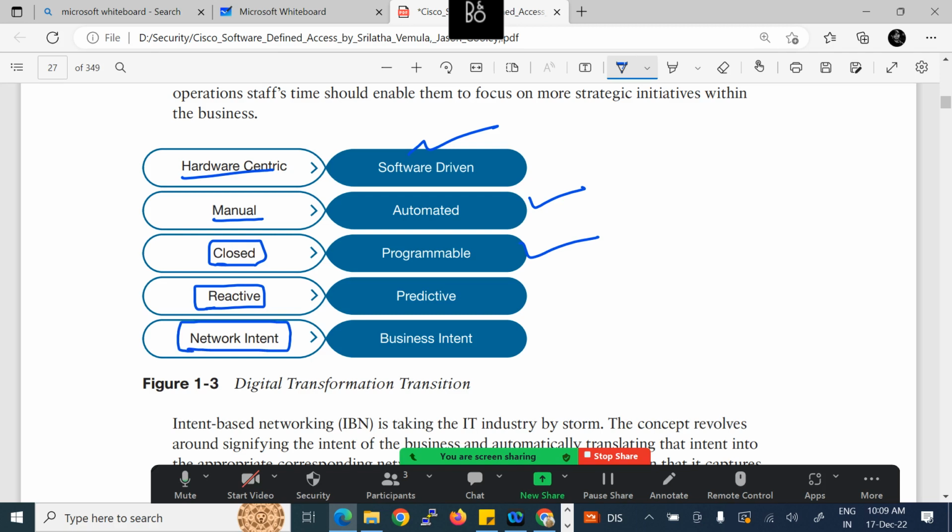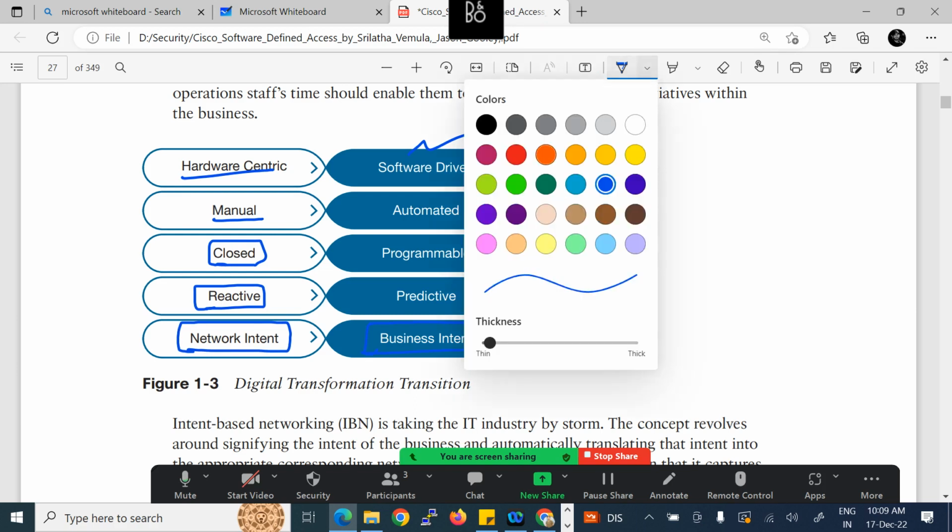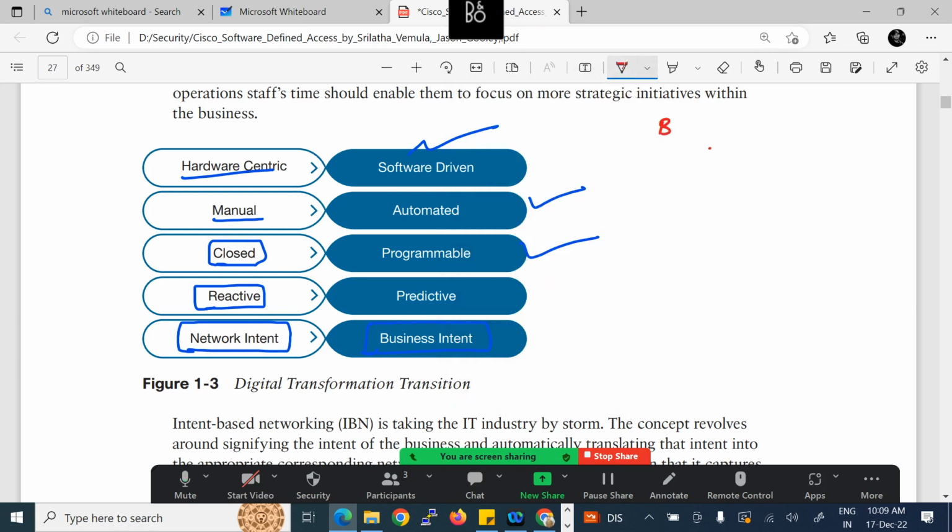Network intent. Now you know that nowadays our networks, or you can say businesses, are dependent on a network, right? So we have to make sure that our approach to the configuration is also business intent, not only network intent.